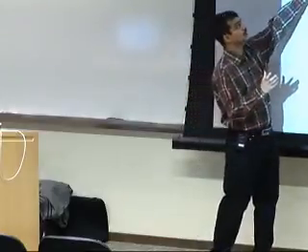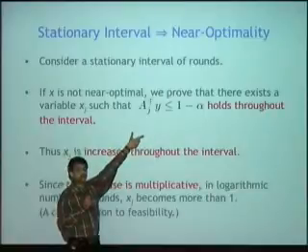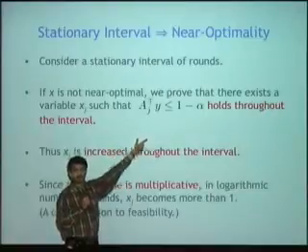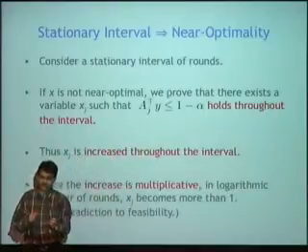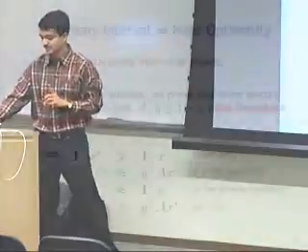Right? So the key point here is that assuming that we are not near optimal and assuming that the x and y values are not changing rapidly, there indeed exists an xj for which this property holds, right? And the proof of that fact is also easy.